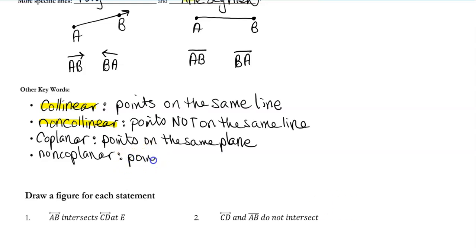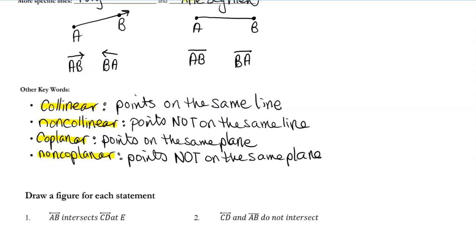Points not on the same plane. Okay? So we need to be familiar with those words because they will come up and you're going to have to know how to draw them or read it and answer questions based on what it's asking.